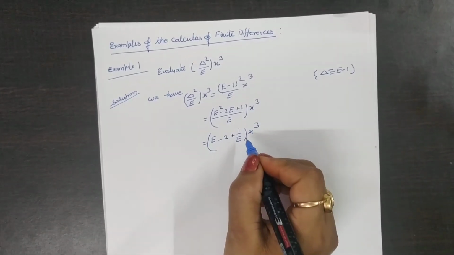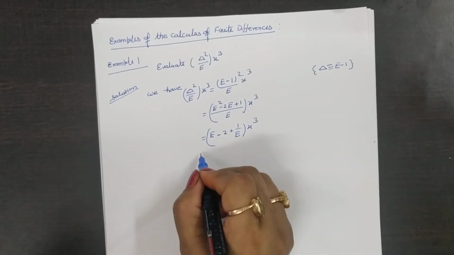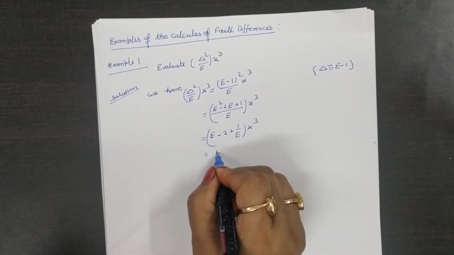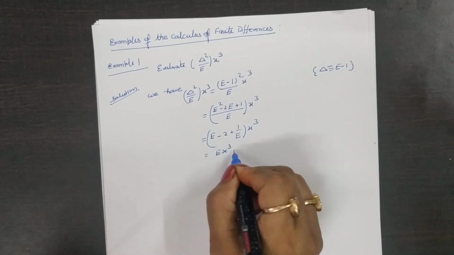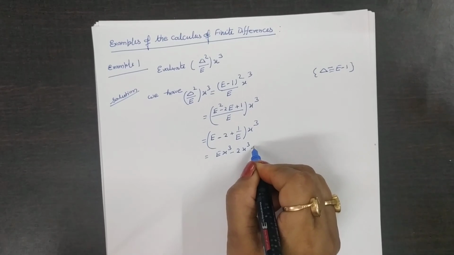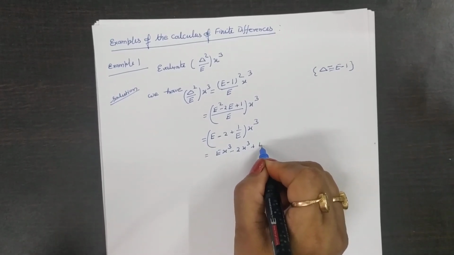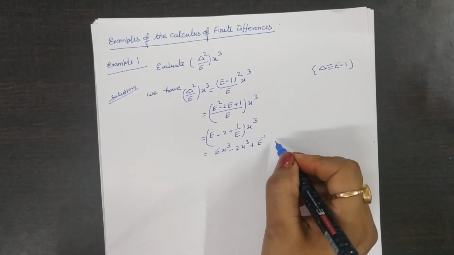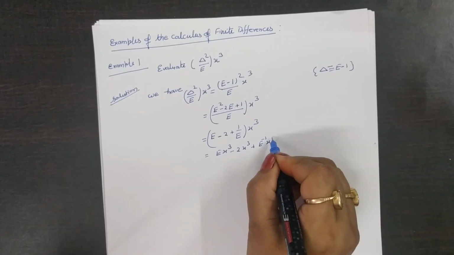Clear? Now this can be written as E of x cube minus 2x cube plus E inverse of x cube.